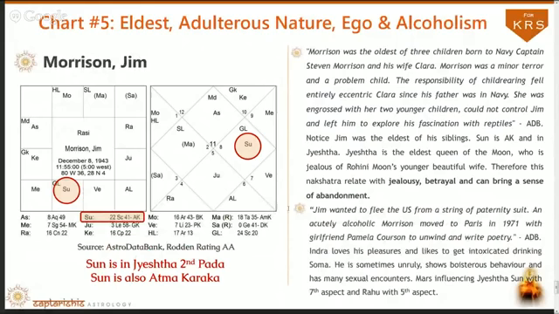Sun is Atma Karaka. He's the oldest of the 3 children. And there is also Jyeshtha Nakshatra, because she was the eldest amongst all the wives of Moon, and she was very jealous of Rohini.